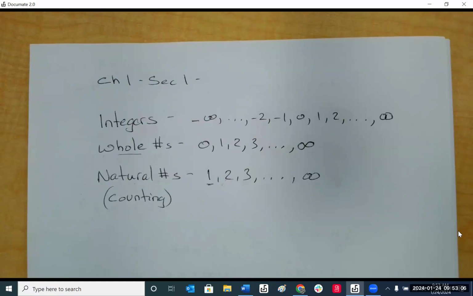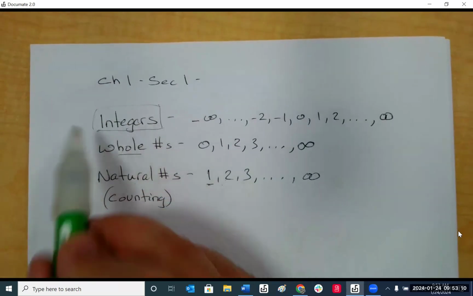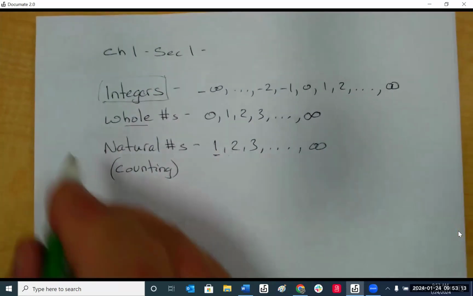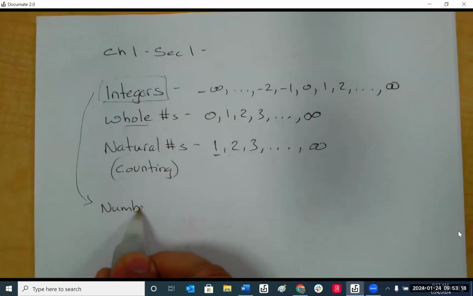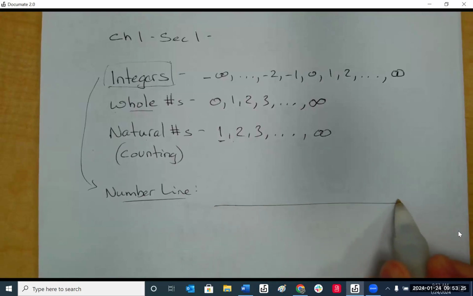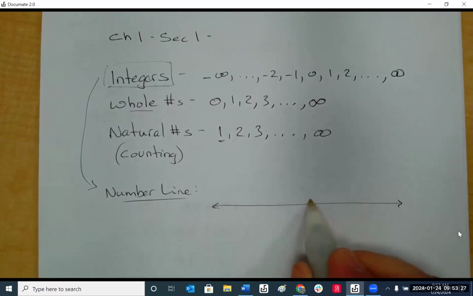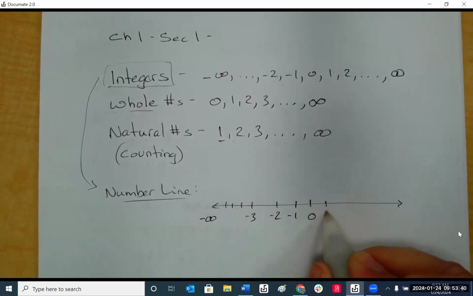The integers, you were first introduced to those by the number line. We have 0 in the middle. Anything to the left is negative, all the way to negative infinity. Anything to the right is positive.